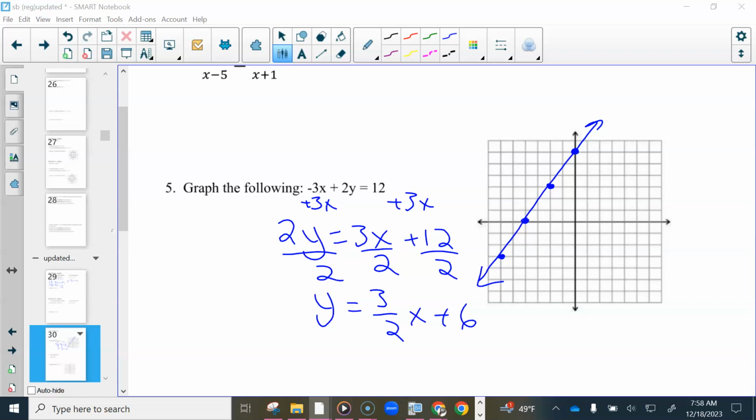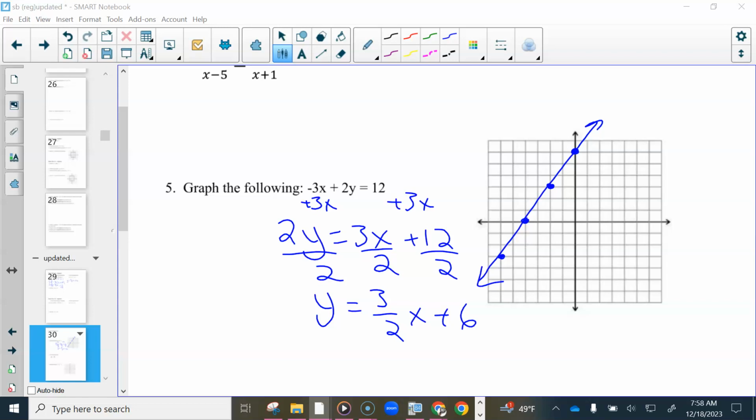Now let's try and do the same thing but from a table. Divide your y's and x's to see if your constant is the same. Negative 8 over negative 12, negative 4 over negative 6, 0 over 0, 2 over 3. Make sure to put this in fraction form.